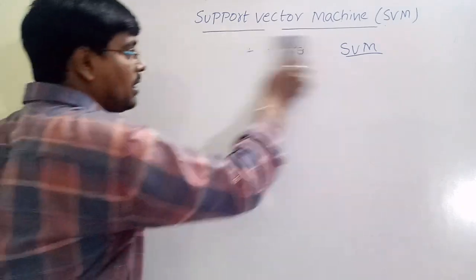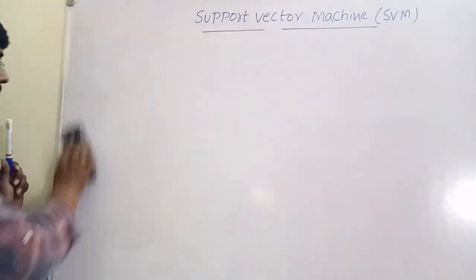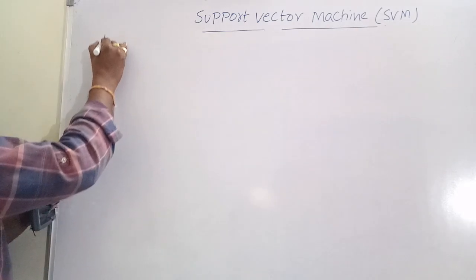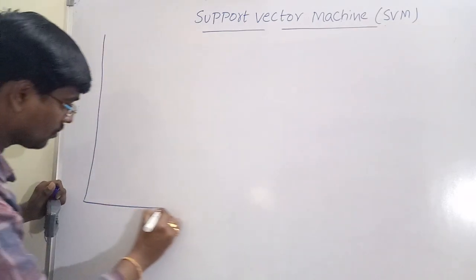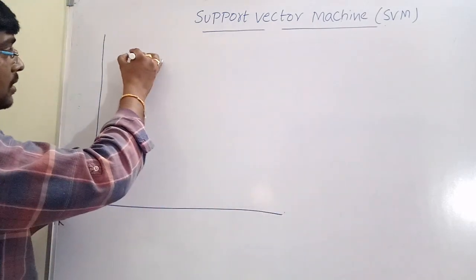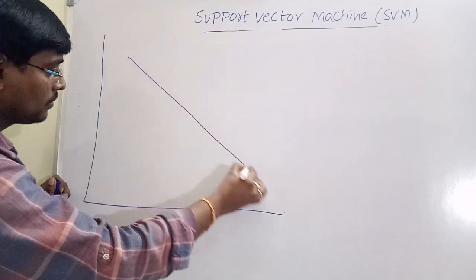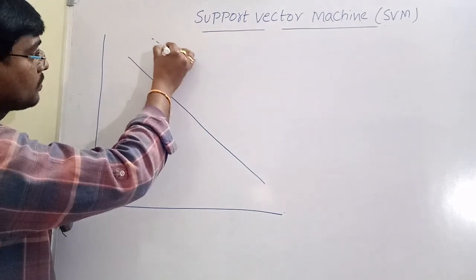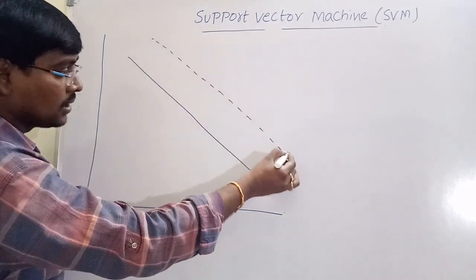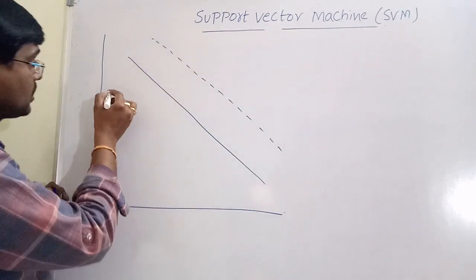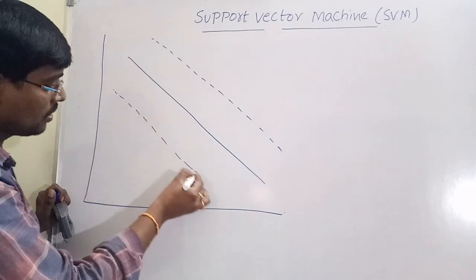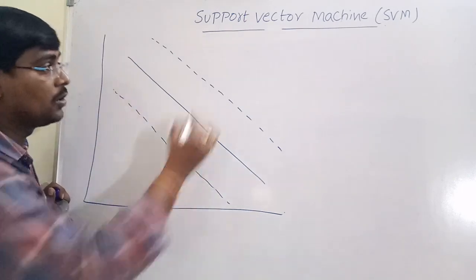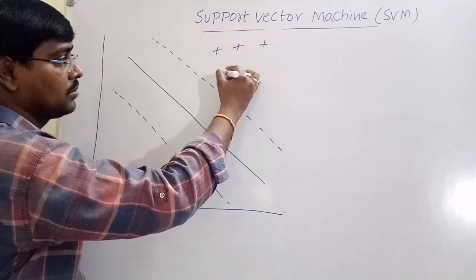Now I will draw the diagram. It is clearly understandable. For example, assume this is the decision boundary. This is the margin for positive examples. This is the margin for negative examples.